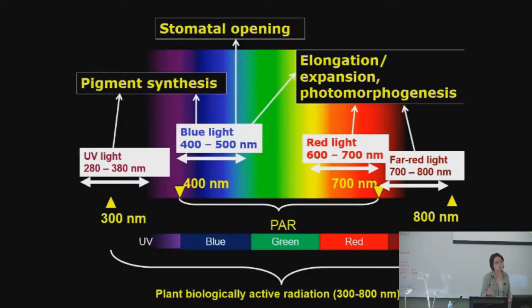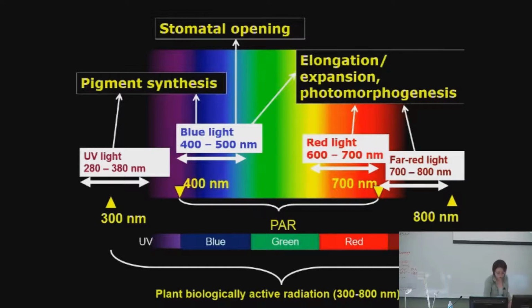And now we have a lot more capacity, I would say, to test different light qualities, because if you know LEDs, light emitting diodes, you can create any spectrum you want. And then you can test a bunch of different hypotheses. So it is a great era, by the way, to understand the light quality response of plants.